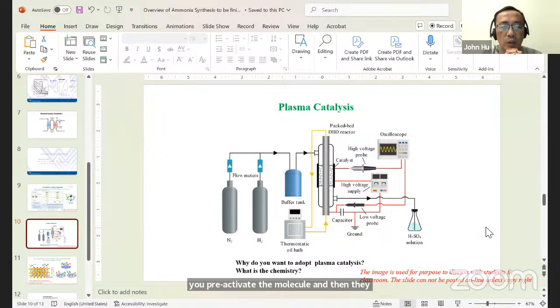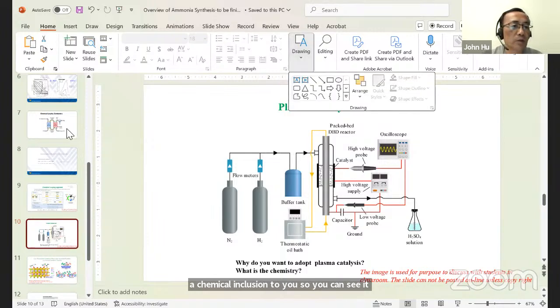This cartoon really shows how they run the plasma reaction. The plasma reaction here is called the packed-bed DBD. You apply the voltage and then you pre-activate nitrogen and hydrogen. I'm going to write a chemical equation so you can see it.